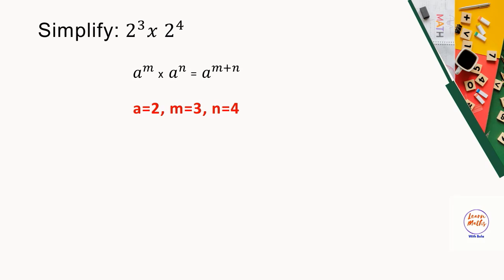So just like you are using a formula, let's replace each of the letters with those numbers to have 2 raised to power 3 plus 4, and then you have 2 raised to power 7, which will give us 128. So it's as simple as that. If you know the law, all you need to do is identify those letters. Which letter is this number, which letter is this number, then just replace them, and it makes your work faster.